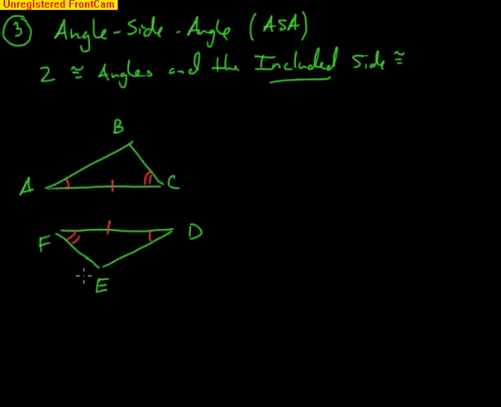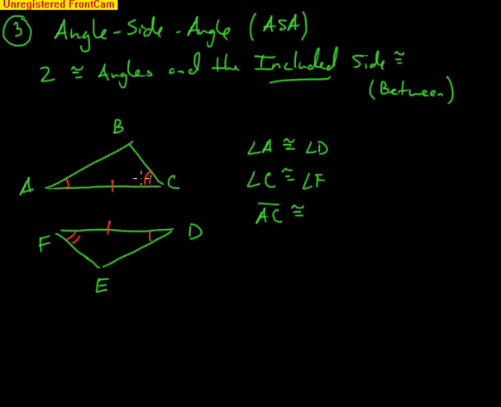So if I give you this information, the two angles and the included side, remember this included means between, so the side between the angles, then we can say that these triangles are congruent. So what we can use is the fact that angle A is congruent to angle D, angle C is congruent to angle F, and the included side, AC, is congruent.